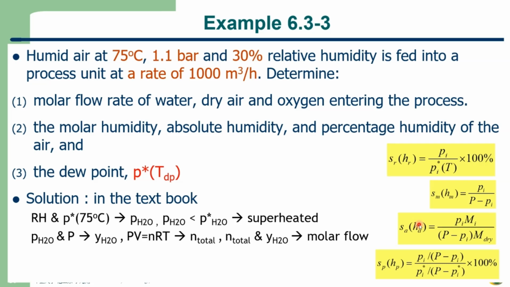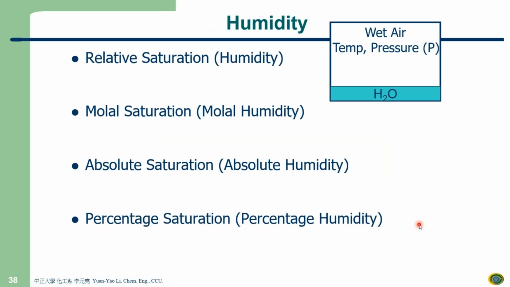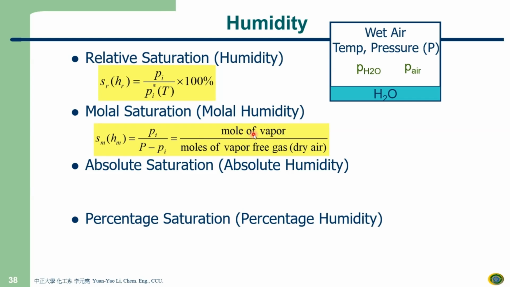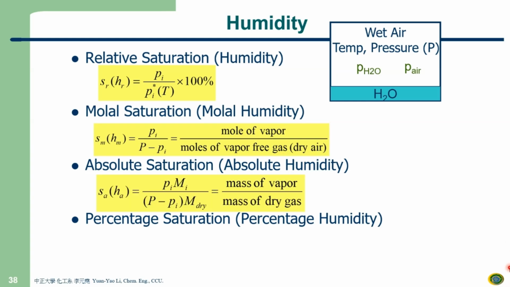The only thing you need to know is why we need to use this, right? So the first one, we use this every day: relative saturation, relative humidity. Molar saturation is the ratio of the moles. This one is the ratio of the mass of water compared to the dry air.